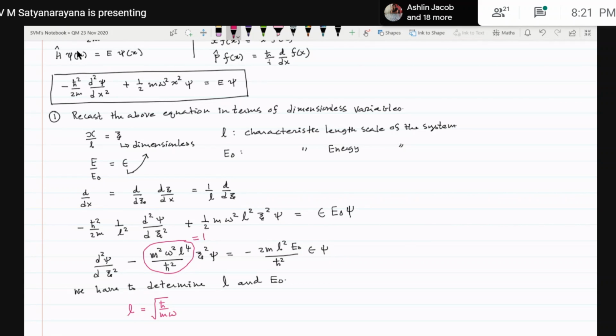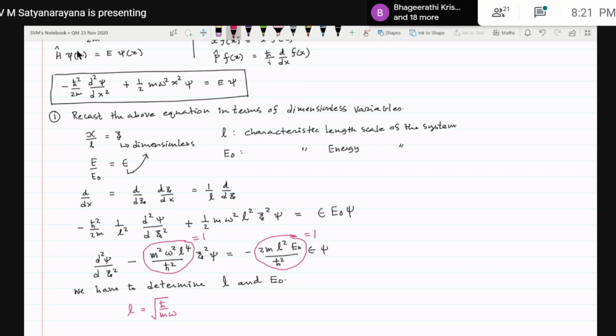Now you have to determine your E naught. You determine this E naught by setting this coefficient equal to 1. I don't want in my equation anything other than these dimensionless variables.